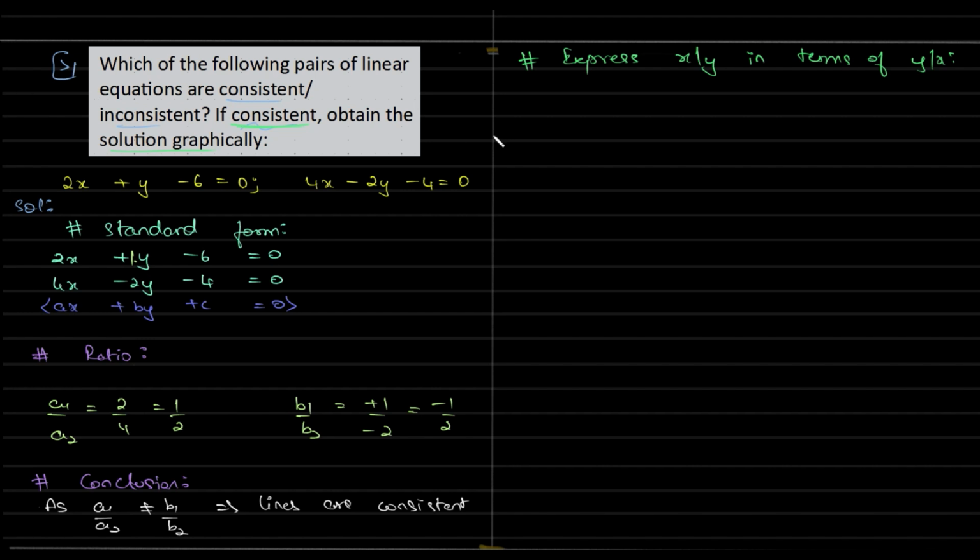What is convenient is to decide individually in each case. Whatever has the easiest coefficient, in this case 1, is to be expressed in terms of the other. So from equation 1, we have y is equal to minus 2x plus 6. That's our equation A.